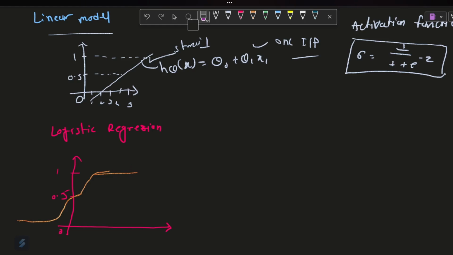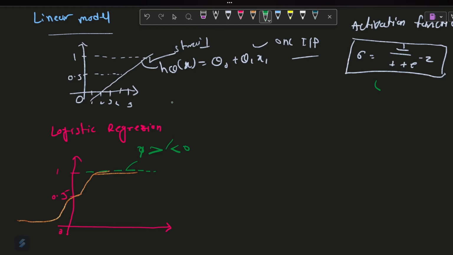We will understand skewness in the last video. So when we add the activation function, that line will be skewed something like that. The output becomes less than one and greater than zero. That's the simple concept.